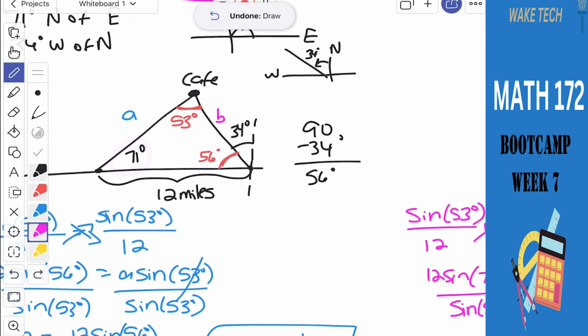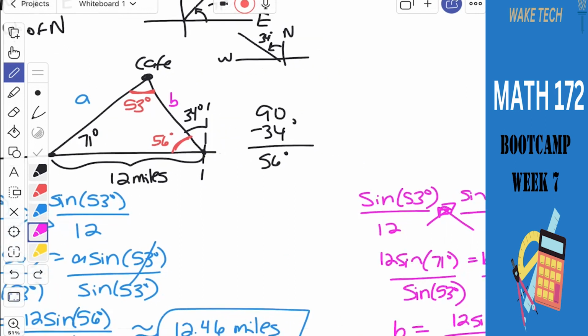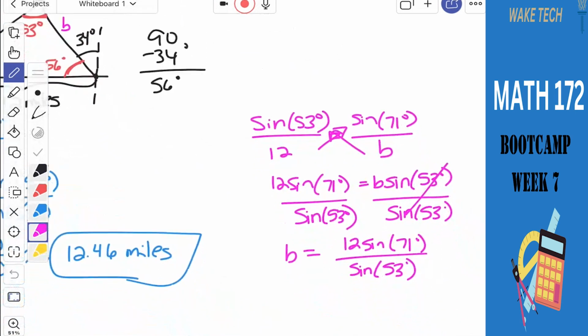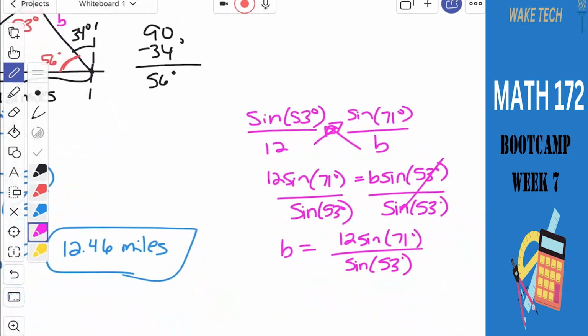Really, 71 degrees is a fair bit bigger than 56, so I'm expecting that side B is going to be a fair bit bigger than 12 and a half. Is it going to be 15 or 16 miles? I really don't have any idea of that, but I'm not expecting it to be 12.46, and I'm not expecting it to be all that close to 12.46.